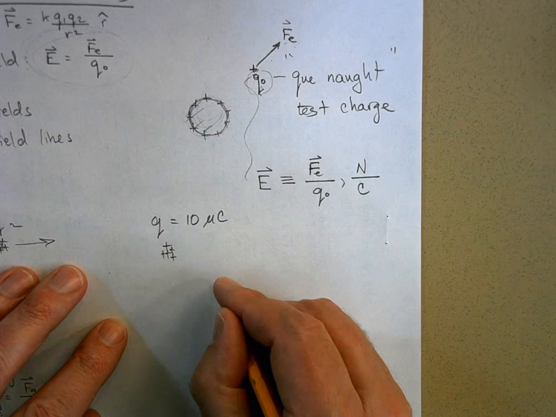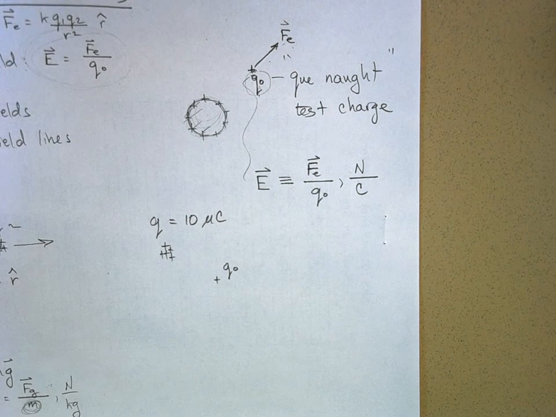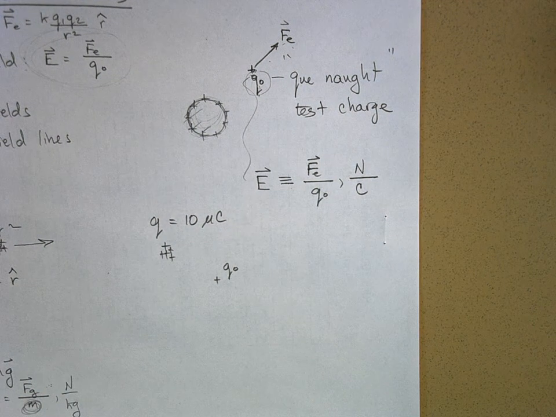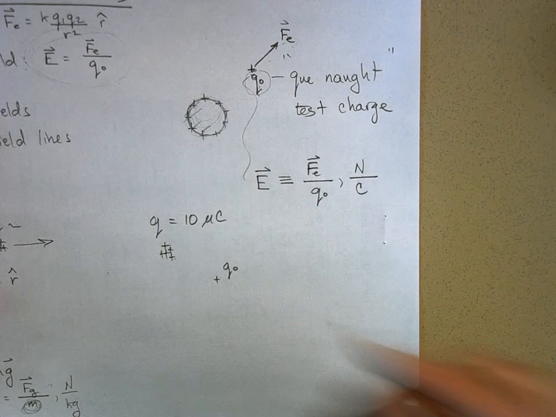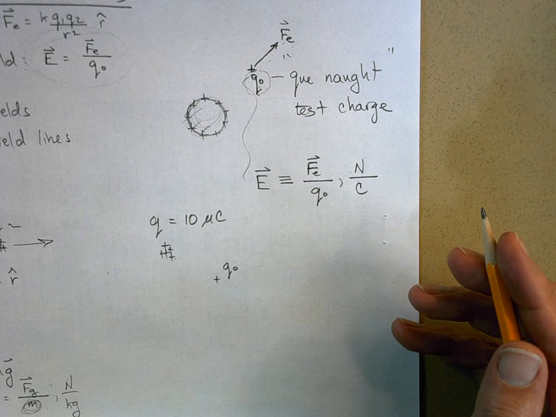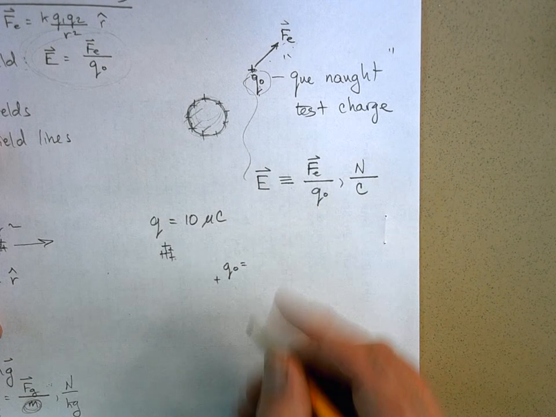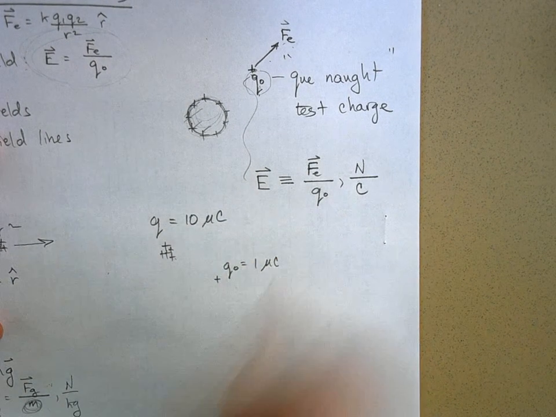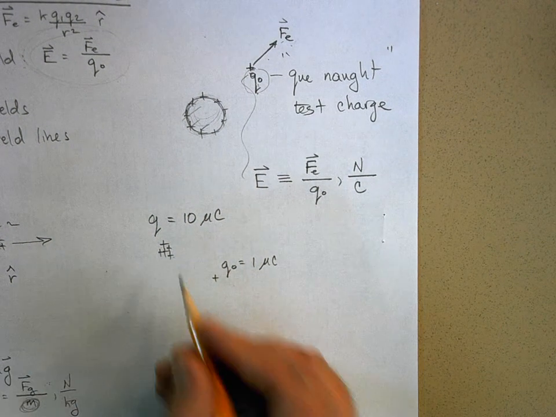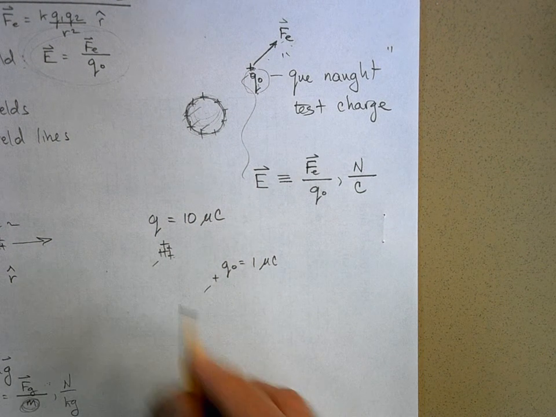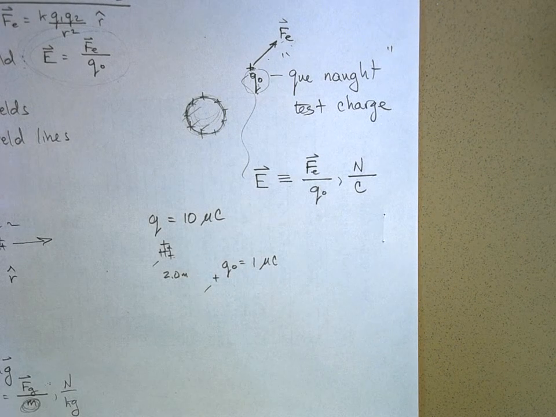Now let's put my test charge here, Q naught. I can give Q naught any value of charge I want. I'll say my test charge in this case is 1 microcoulomb because it makes the math easy. And let's say that these are 2.0 meters apart. So that's the distance.